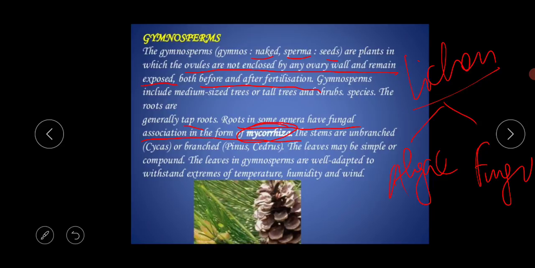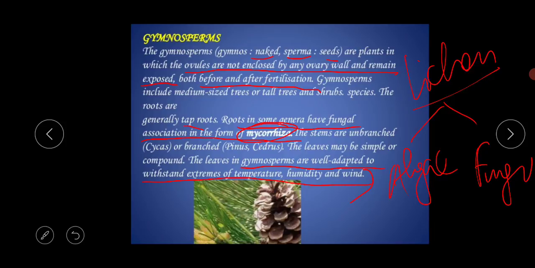The stems are unbranched or branched, and the leaves may be simple or compound. The leaves in gymnosperms are well adapted to withstand extremes of temperature, humidity and wind.